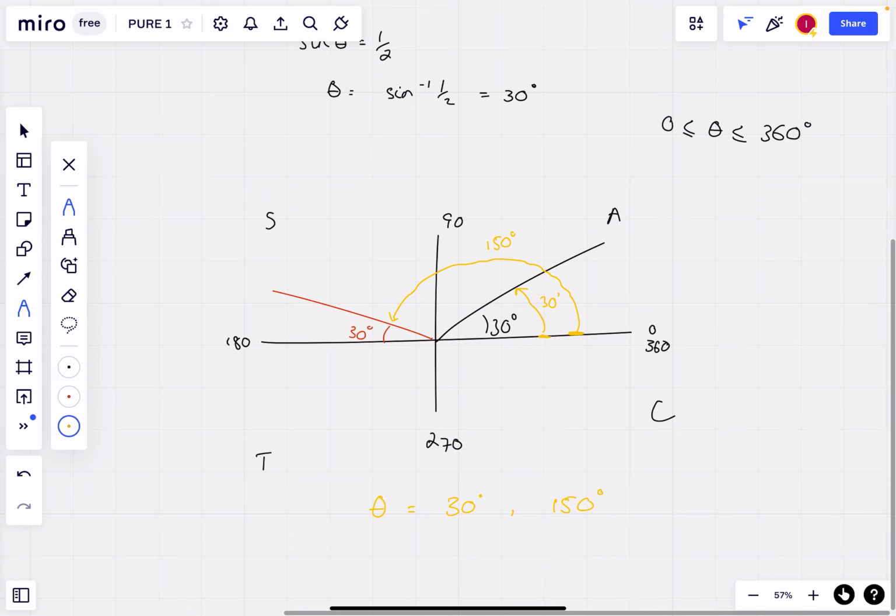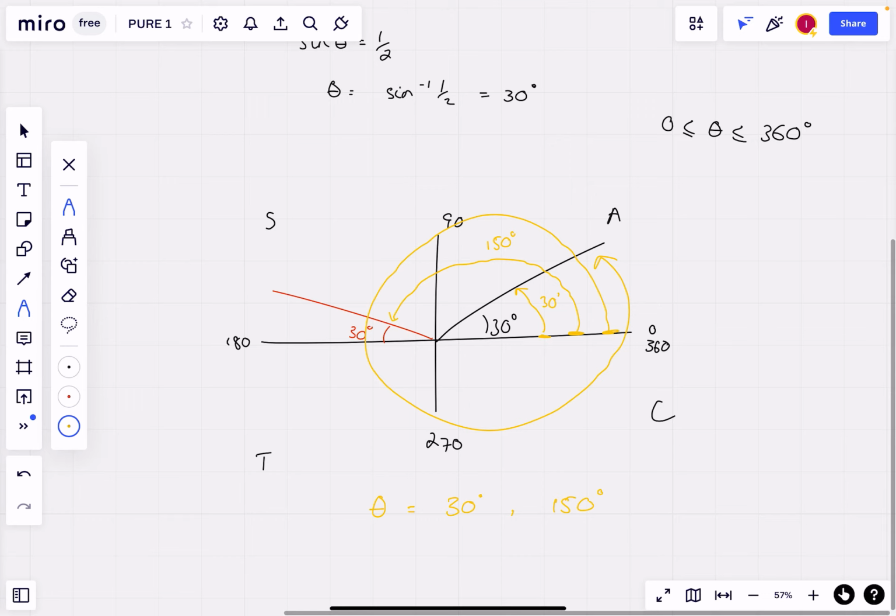If you were to try a third time, you've gone past 360. Technically, yes, it is an equivalent angle. However, you've gone past your limit, so it doesn't work. Okay?